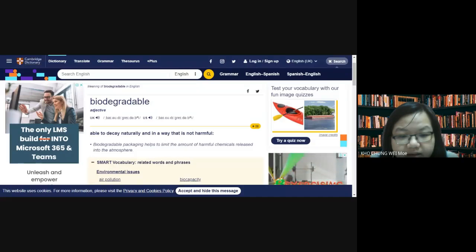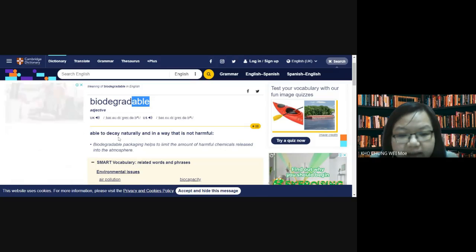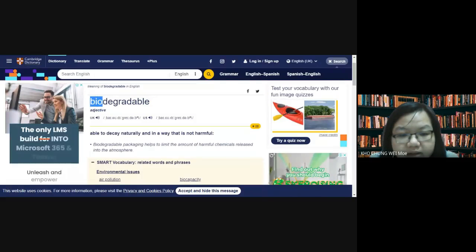Then you have the suffix able. Able means can, able to. And the word bio. Bio here refers to something that is not harmful, naturally. So biodegradable as a whole means able to decay naturally in a way that is not harmful. Bio, naturally, like biology, nature. Degrade, decay. Able to. Okay?